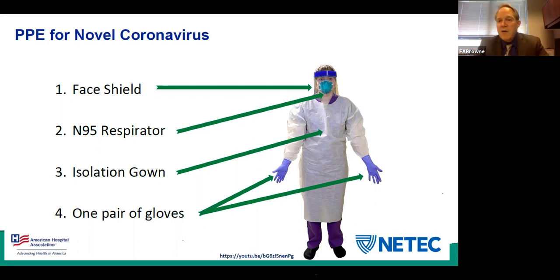We actually had a down unit on our east wing. We were able to modify that. We were able to make it negative pressure, and that is our COVID unit. So that COVID unit is negative pressure centrally, and then each room is individually negative pressure. And I know our hospital looks a little bit like a laboratory with all the vents coming off. If you haven't seen the front of our hospital, that's why, because each one of those rooms is now negative pressure. So we've expanded our volume to 21 patients in that area.